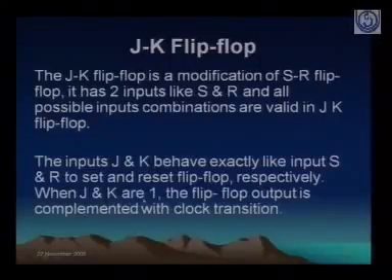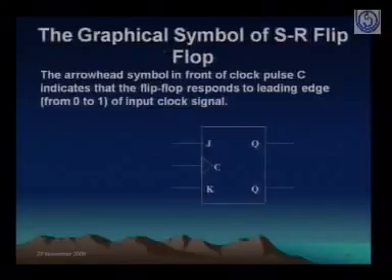When J and K are 1, the flip-flop output is complemented with the clock transition. So in this JK flip-flop we have enhanced the circuit a little bit further, and in this circuit, even if the values of J and K become 1, the state of the flip-flop is still defined.